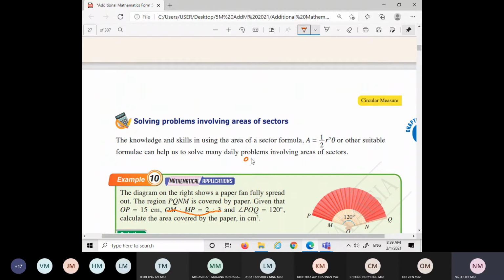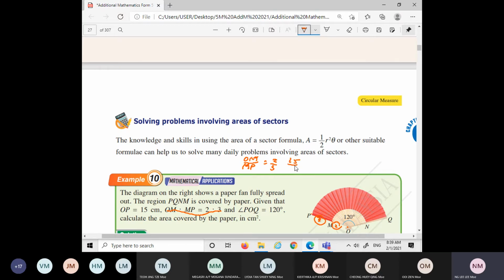So I write here OM to MP is 2 to 3. O to M, M to P. This is 2 parts and this is 3 parts. They give you OP, the whole thing is 15. So 2 parts plus 3 parts altogether is 5 parts.